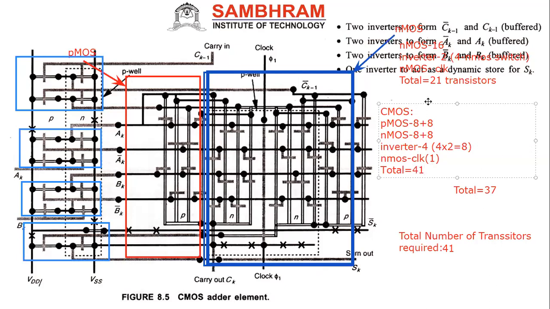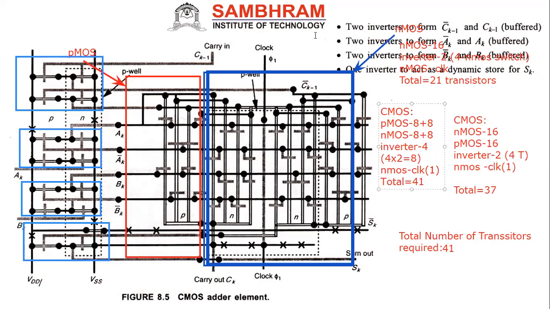If you want to implement this, a total of 41 transistors are required. So 41 transistors are required to implement one basic full adder element. It is for 1 bit addition. To add 1 bit, how many transistors are required? 41 transistors.